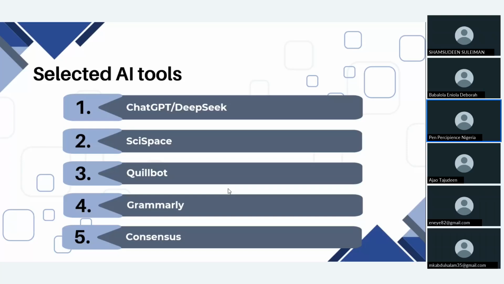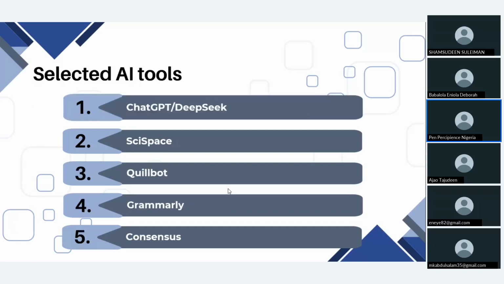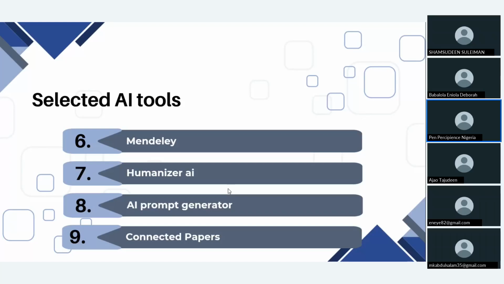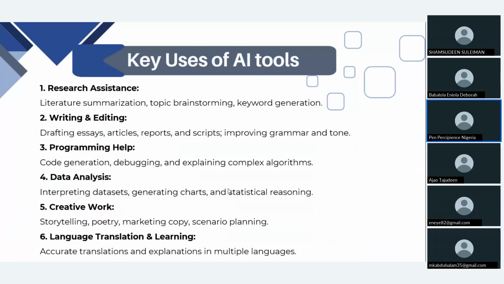We have SciSpace, Quillbot, Grammarly, Consensus, Mendeley, Humanizer AI. Then we have AI prompt generators, and then Connected Papers. We'll try our best to see if we are able to look into these as we move on. But first of all, we are going to look into ChatGPT.